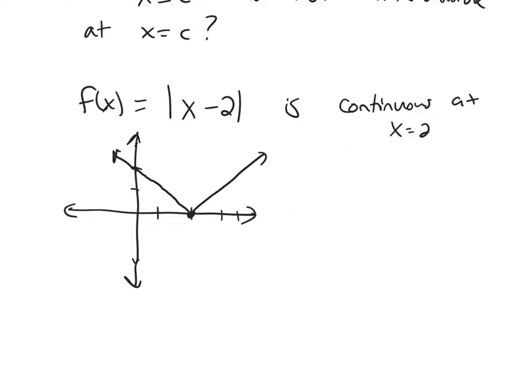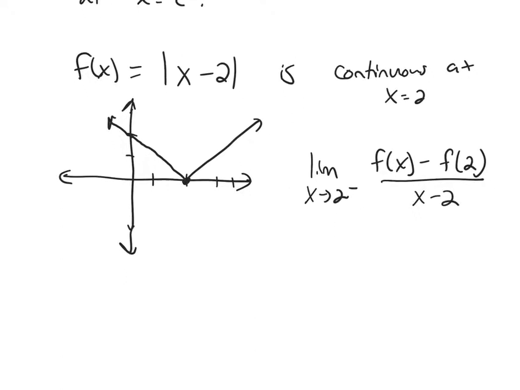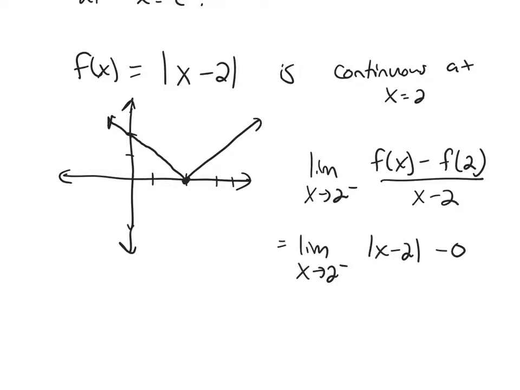And so now what I want us to look at is the derivative at x equals 2. So let's start with the left hand. The limit as x goes to 2 from the left. Well, if I'm approaching 2, let's go ahead and plug in: the absolute value of x minus 2, minus 0, over x minus 2.